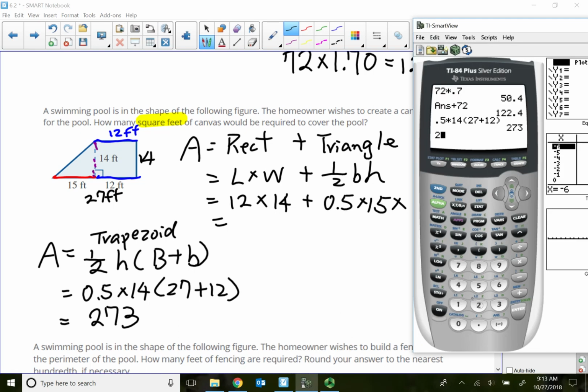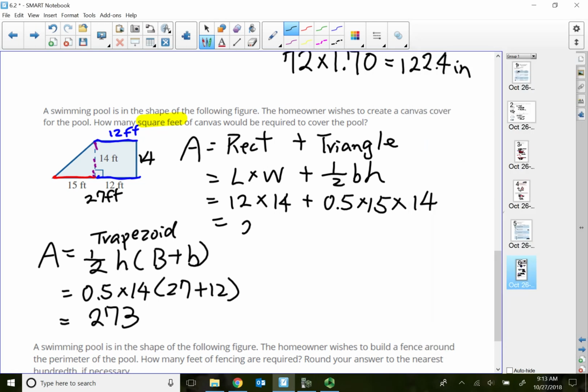All right, let's see, 12 times 14 plus 0.5 times 15 times 14. So 273. So either way, rectangle plus a triangle or a trapezoid will give me the same answer. So that will be how many square feet of canvas we need.